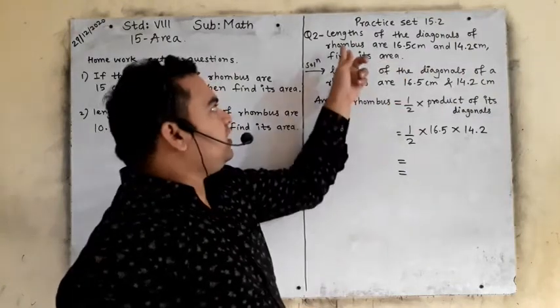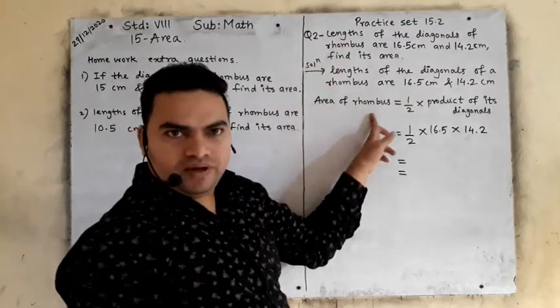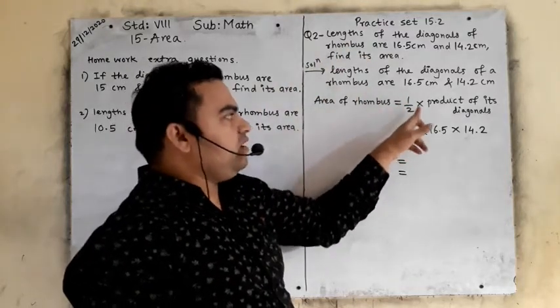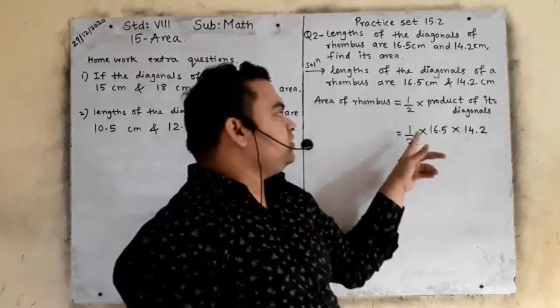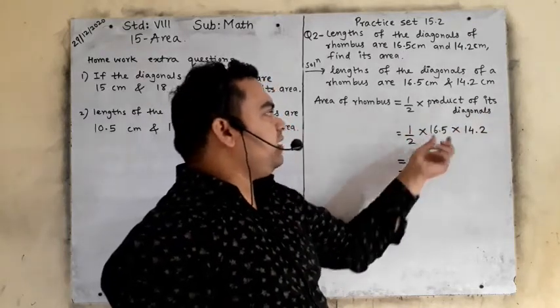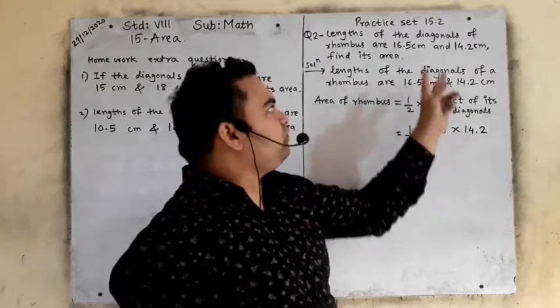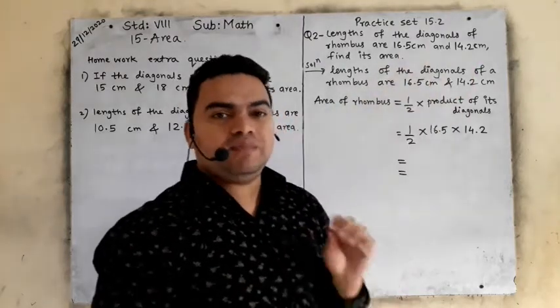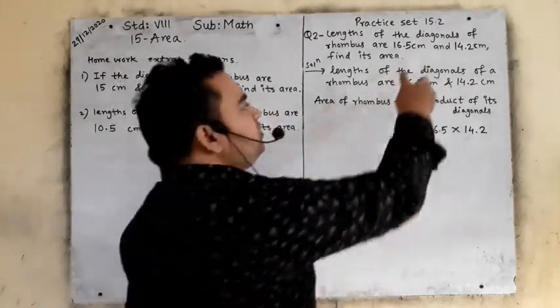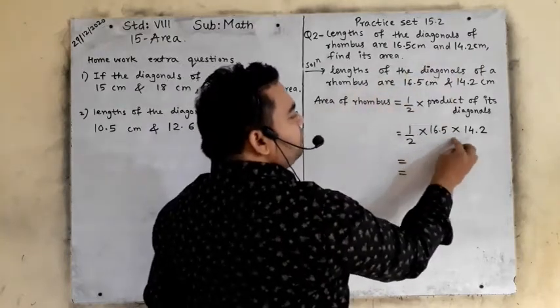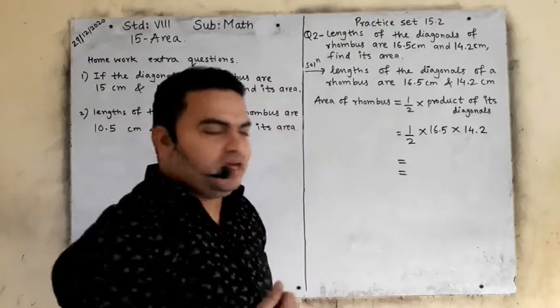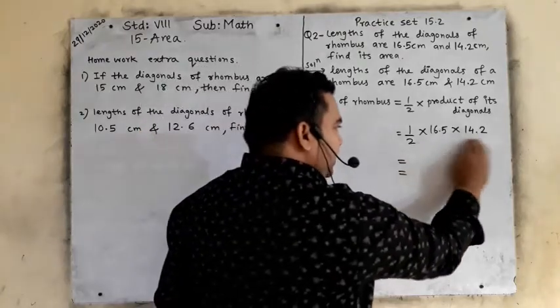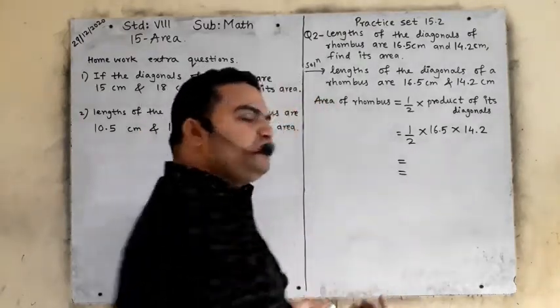We have to find the area of the rhombus. Area of rhombus is equal to half multiplied by the product of its diagonals. Product means multiplication of these two given diagonals: 16.5, the first diagonal, multiplied by 14.2, the second diagonal. If you want, you can multiply and then take half.